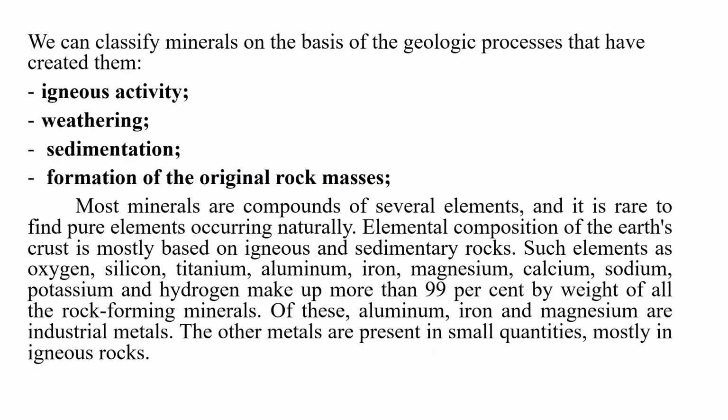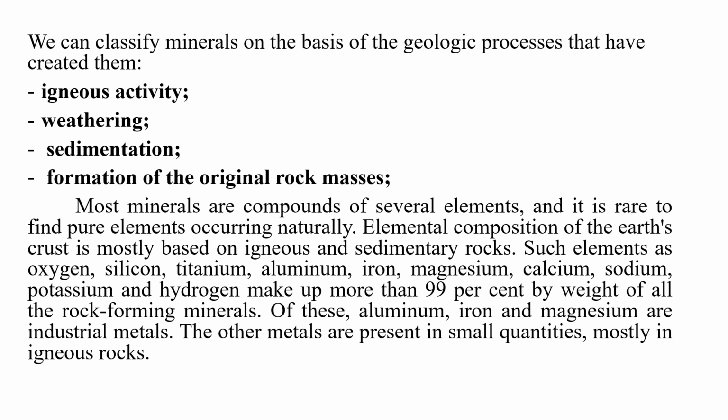We can classify minerals on the basis of the geologic processes that have created them: igneous activity, weathering, sedimentation, formation of the organic rock masses. Most minerals are compounds of several elements, and it is rare to find pure elements occurring naturally. Elemental composition of the Earth's crust is mostly based on igneous and sedimentary rocks.